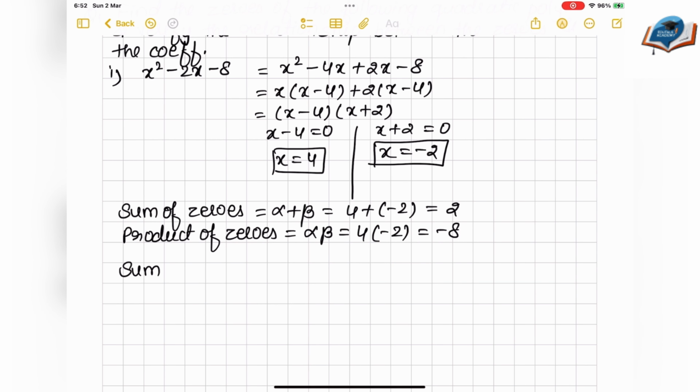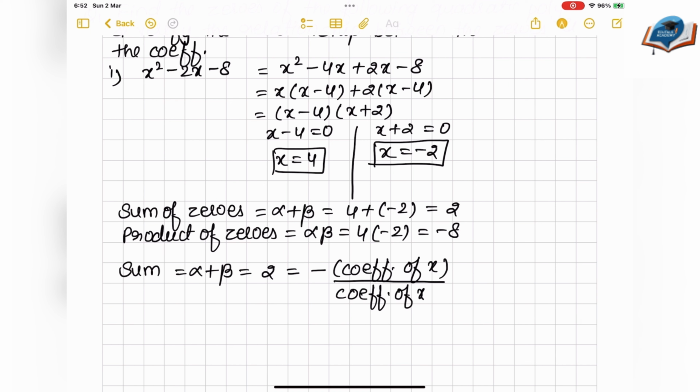Sum, alpha plus beta, which is equal to 2, which is equal to minus coefficient of x upon coefficient of x square. So if you see carefully, minus of minus 2 upon 1, so that is 2 upon 1, that is 2.